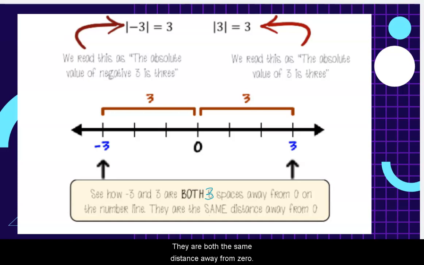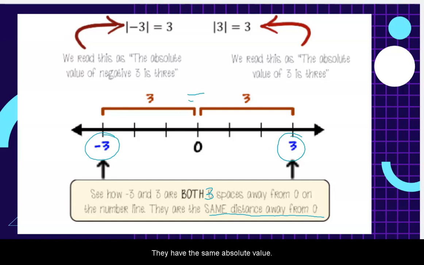They are both the same distance away from 0. So even though these are two different numbers, they have the same absolute value because absolute value is always positive.